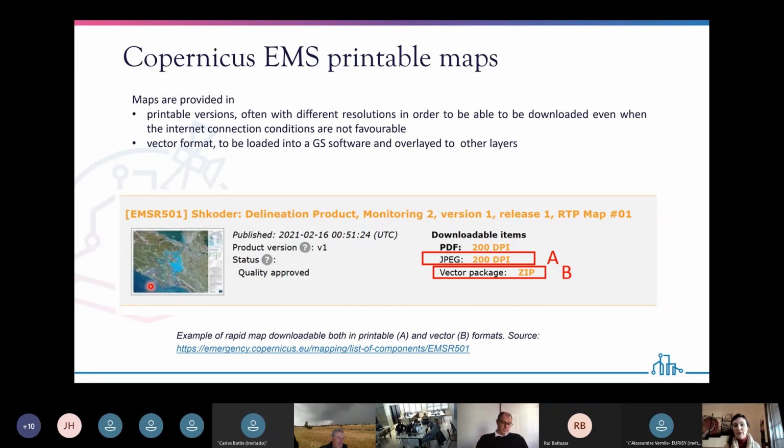Instead, the vector format is expected to be loaded into a GIS software in order to be used with other layers that probably the users have already available.